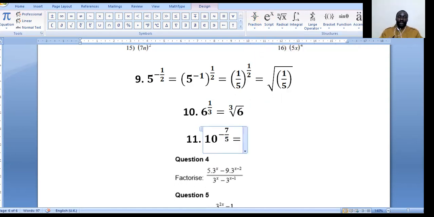Well, how do you simplify this? In this case, we are going to factor. All right, let's first write this.